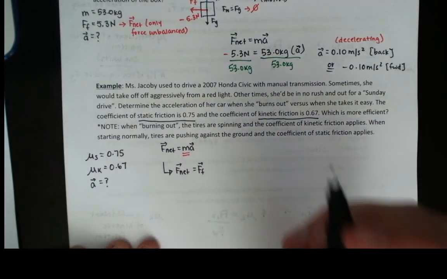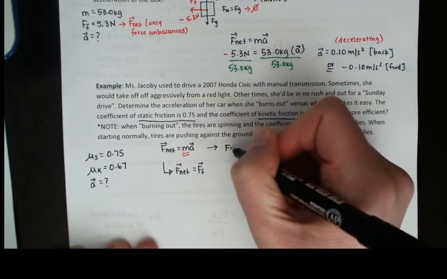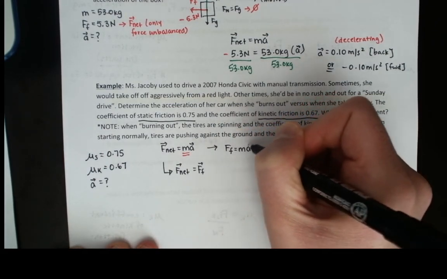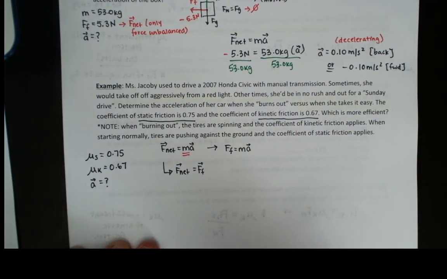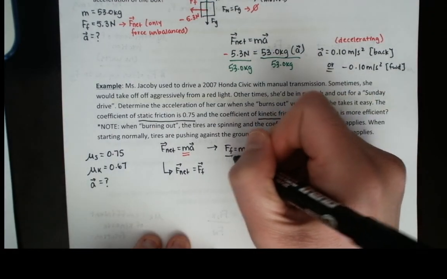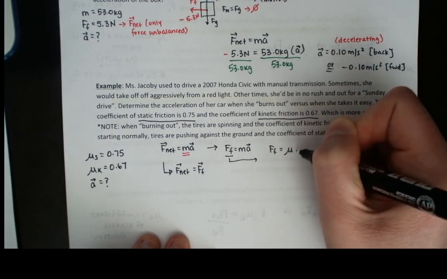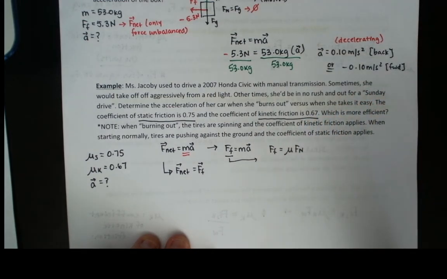So therefore, we can rearrange this formula so that friction equals mass times acceleration. Now we know that friction is really equal to the coefficient of friction times the normal force.